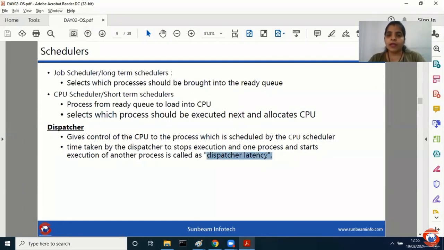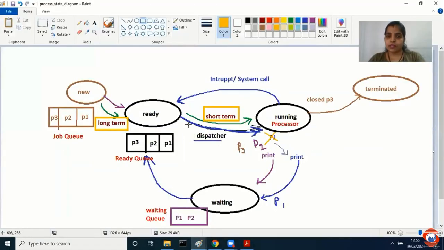Right? Now, this terminology was asked once. What do you mean by dispatcher latency? The time taken by the dispatcher to stop the execution of one process and start the execution of another process is called dispatcher latency. That is, suppose P1 is being taken from ready to running.